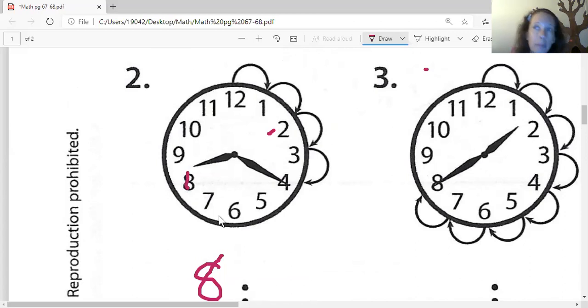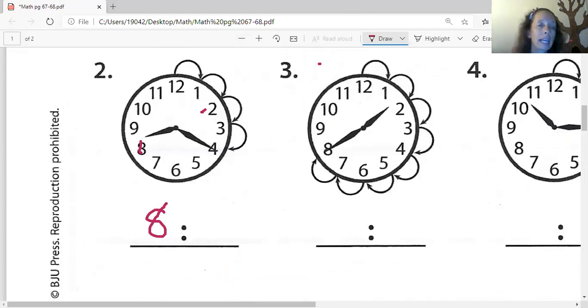And a lot of times, the mistake that people make when they're learning to tell time is they think that this second number, for the hour. The hour is 8. A lot of people make the mistake and think that the second number should be 4.